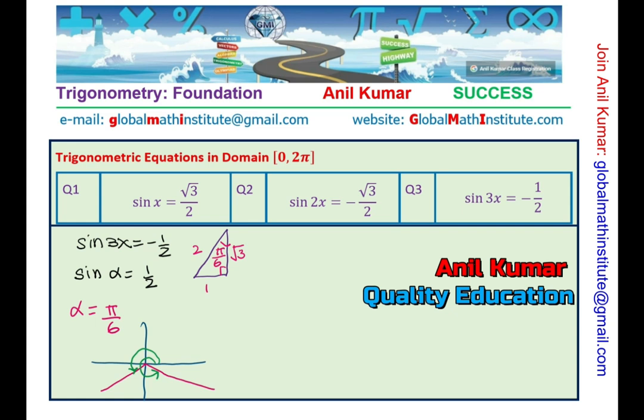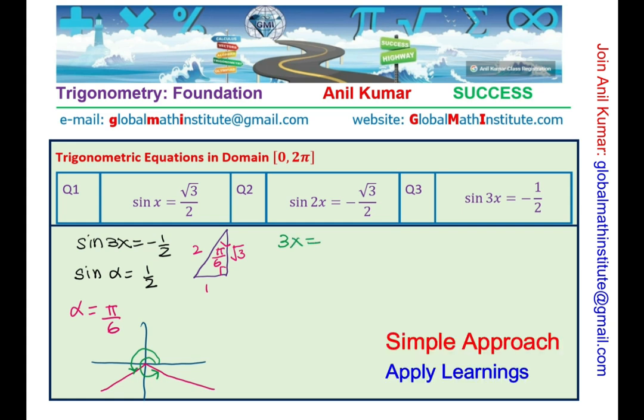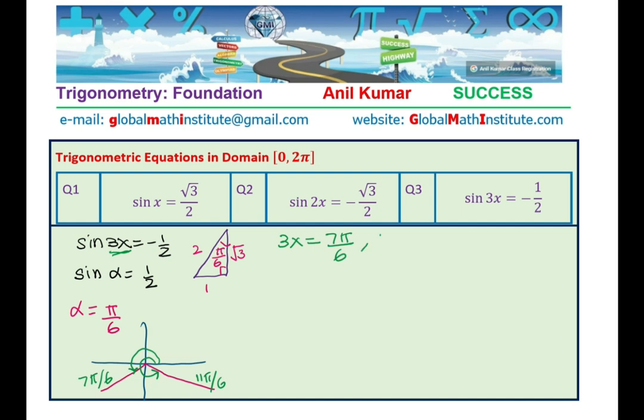So now let's write down 3x is equal to what, right? Because the actual argument is 3x, sine 3x is minus half. So if you go one circle, it is going to be 7 pi by 6 and 11 pi by 6. So we get 7 pi by 6 and 11 pi by 6.